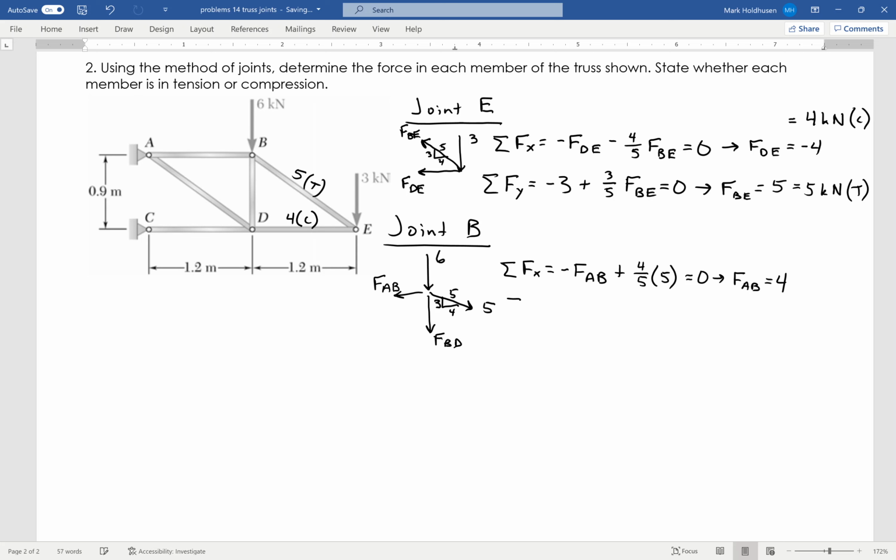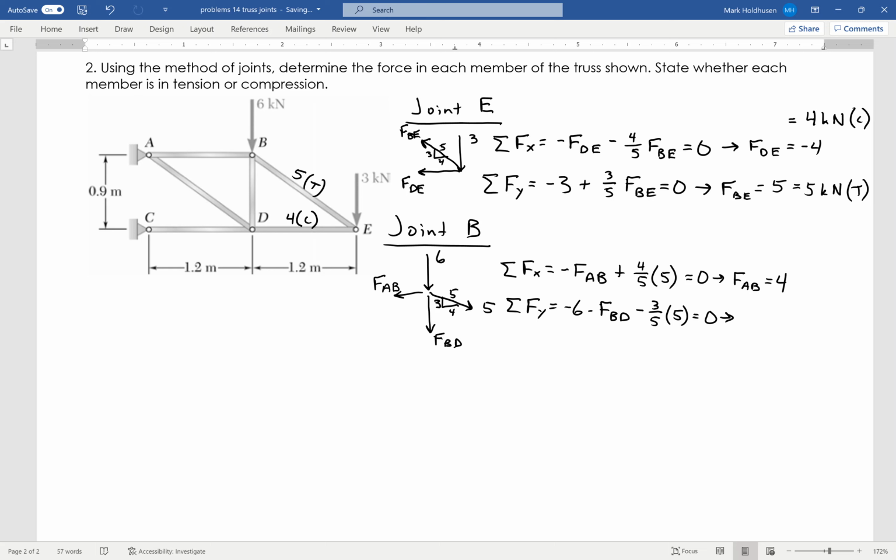Moving on to the y direction, I'm going to have negative 6. I'm going to have negative FBD, and I'm going to have negative 3/5 times 5 in the vertical direction. Oh, no, FAB doesn't show up there. Sorry. This one I can solve directly for FBD.